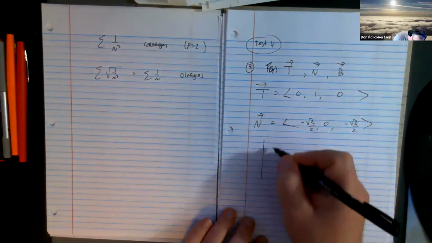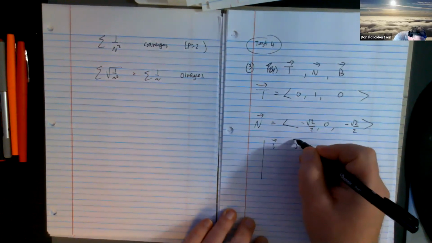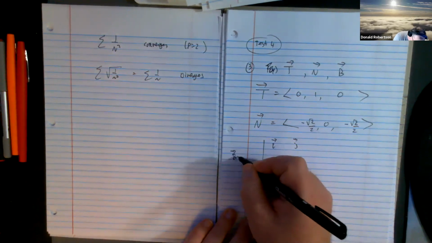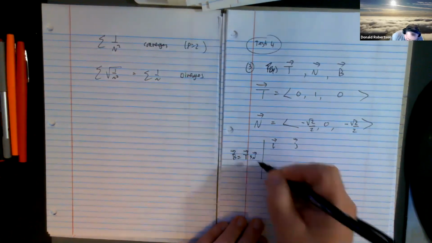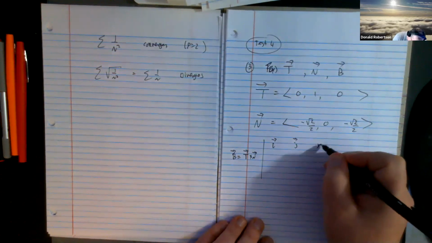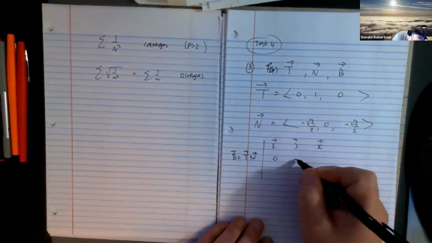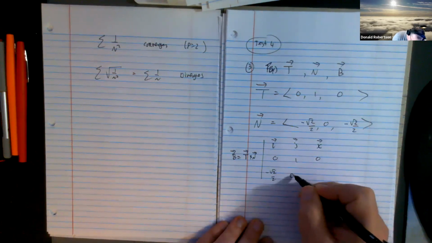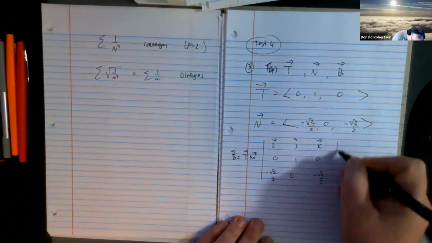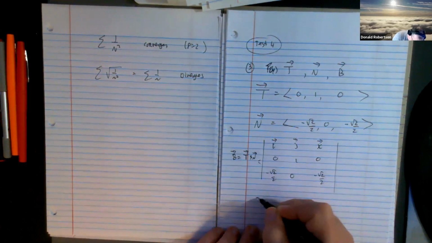Okay, so we do an ijk because we know that B is the unit tangent cross the unit normal, right? So we've got an ijk, and we've got 0, 1, 0, and this one. Looks like it's going to be 0, but we'll see. I could be wrong.